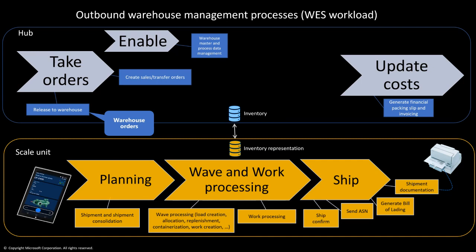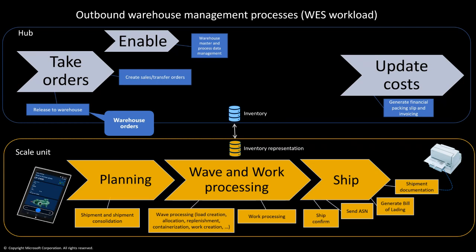But this is now where, when we talk about scalability of the solution, this really comes into play, within these transaction flows here. So now where traditionally for all warehouses you would be waving and generating work on that centralized single hub instance, you now have the ability to do that waving and work processing and work creation on distributed scale units around the globe.